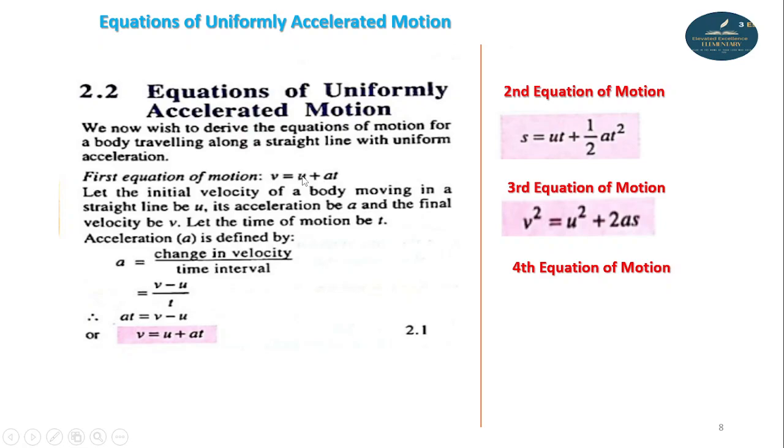So the first equation of motion is V equals U plus AT. You need to understand that.